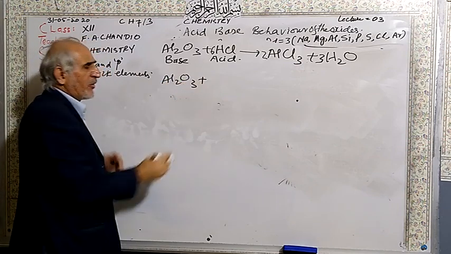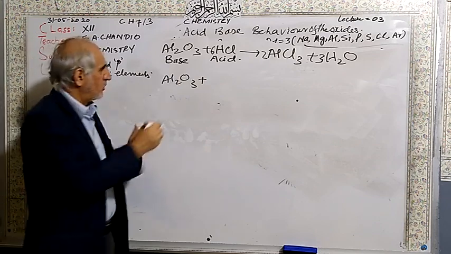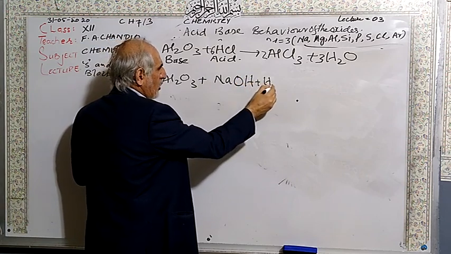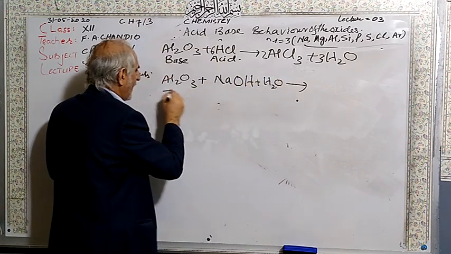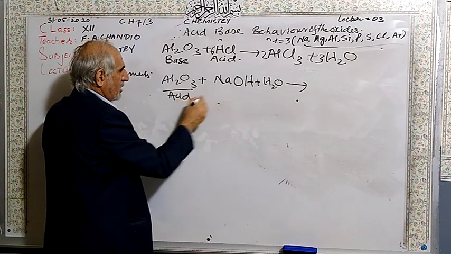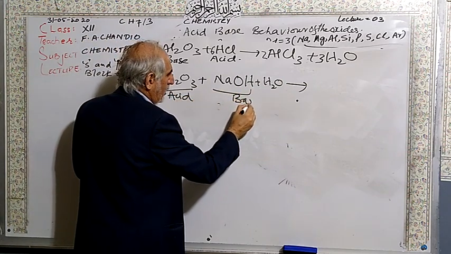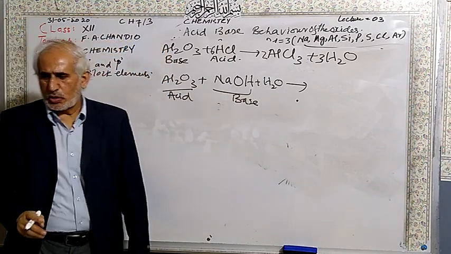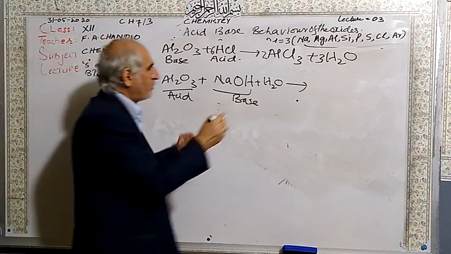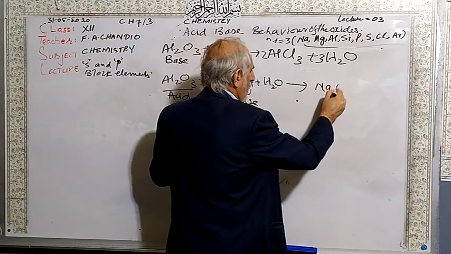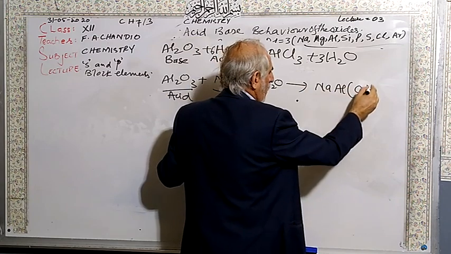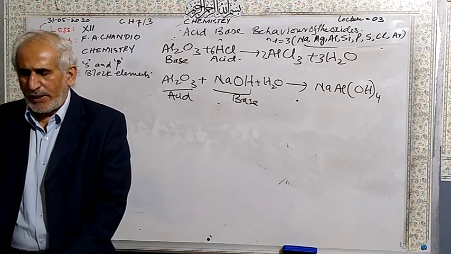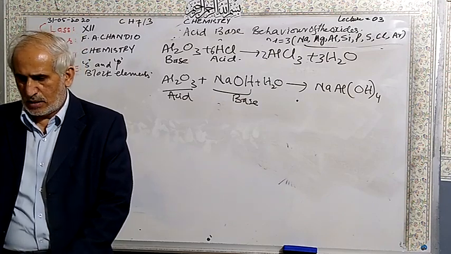The same aluminum oxide can react with a base. It can react with aqueous sodium hydroxide. So here it acts as an acid, and this is the alkali base. You will get sodium aluminate, a complex.